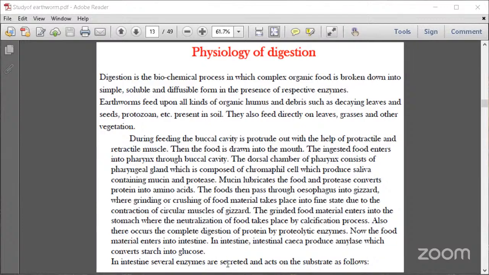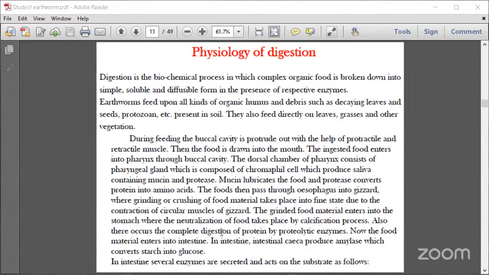The dorsal chamber of the pharynx consists of the pharyngeal gland, which is composed of chromophil cells, which produce saliva containing mucin and protease. The duty of mucin here is that it lubricates the food, and protease converts the protein into amino acid.